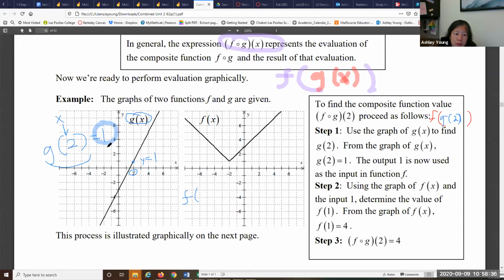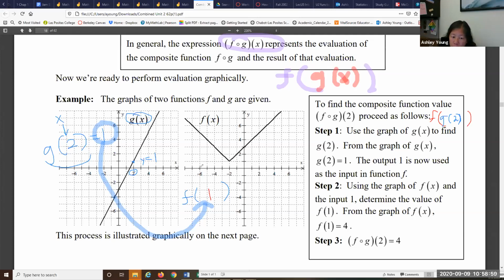I'm going to put it into the f, because that's my x for my f. Does that make sense? The output of my g is my input for my f.